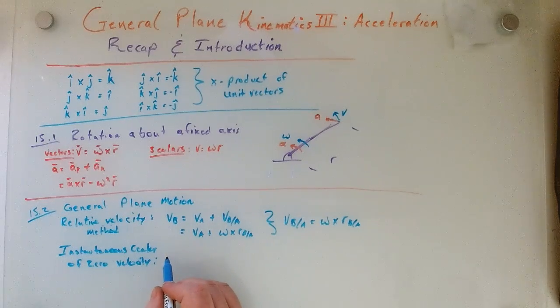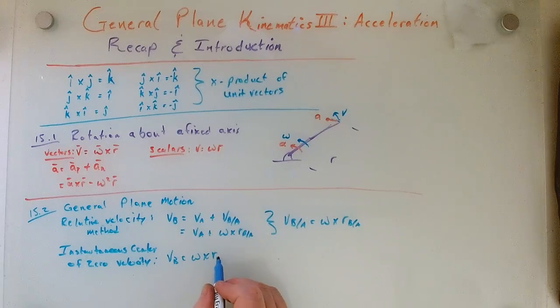So what we end up with is vB is equal to omega cross r, but in this case r is the position vector between B and some C, which is the instantaneous center of zero velocity.